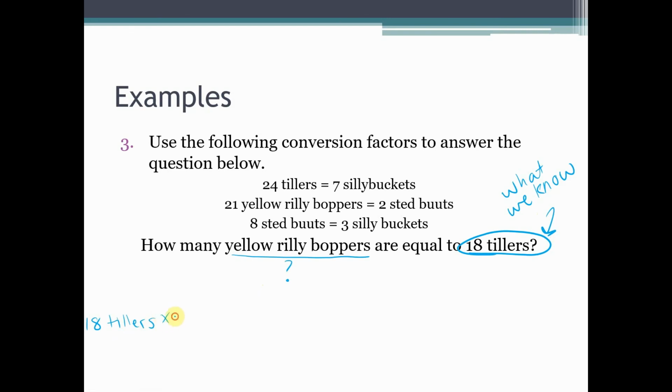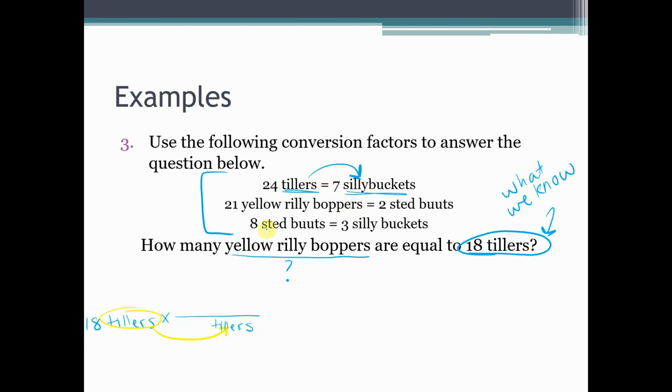We will do times a fraction. What goes up must come down. So that means that our fraction will have tillers in the bottom, and we will have something in the top. To figure out what goes in the top, we're going to look at our conversion factors up here. I see tillers in exactly one place, which means from here, the only unit we can get to are silly buckets.